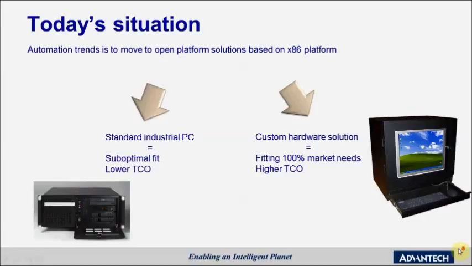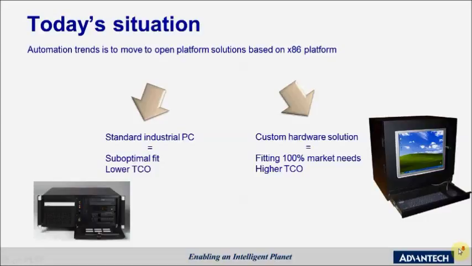This means that we need to face some suboptimal fitting. All the specifications are a little bit different from what the customer needs, from what the application really needs. Besides, we have the second option, which is the custom hardware solution.